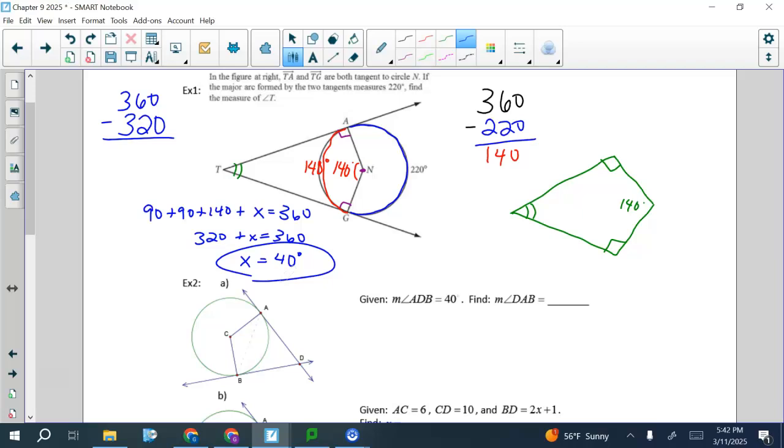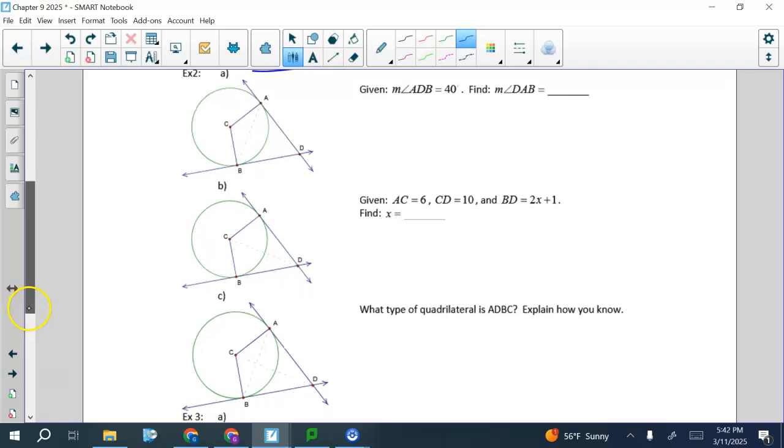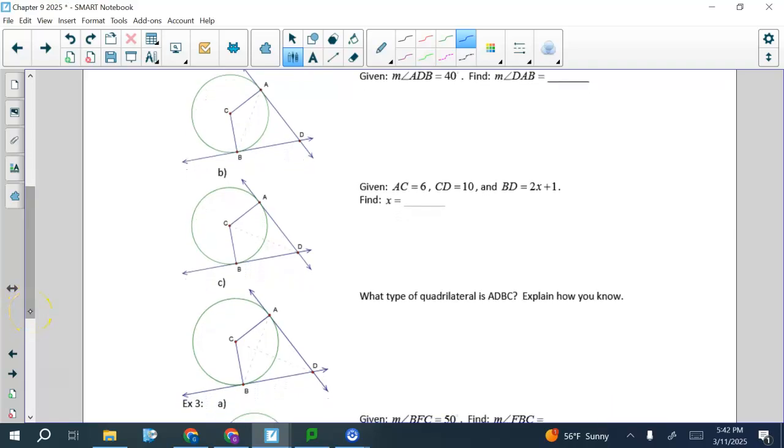Okay? All right, example 2 says, given the measure of angle ADB is 40 degrees, find the measure of angle DAB. ADB, this one's 40. Find the measure of angle DAB.